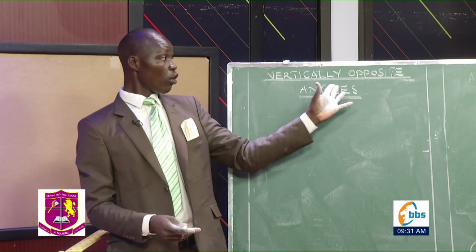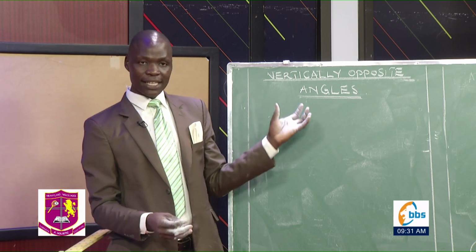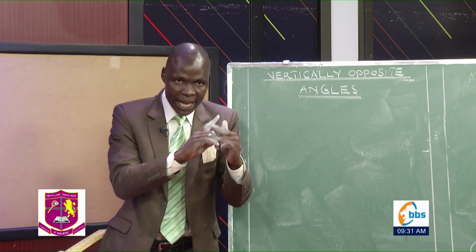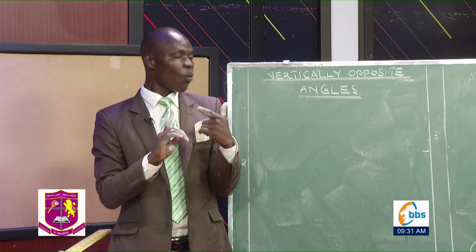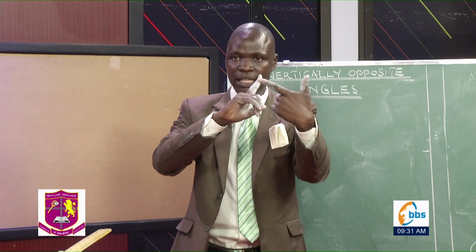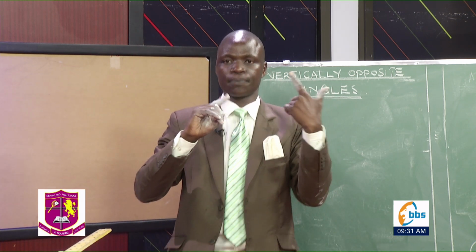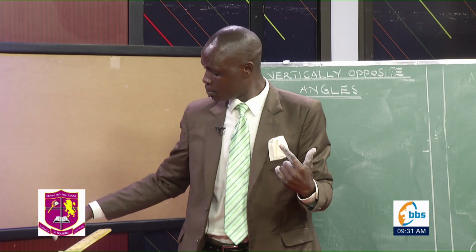So vertically opposed angles are just pairs of angles formed when two lines intersect. For instance, let's observe here.